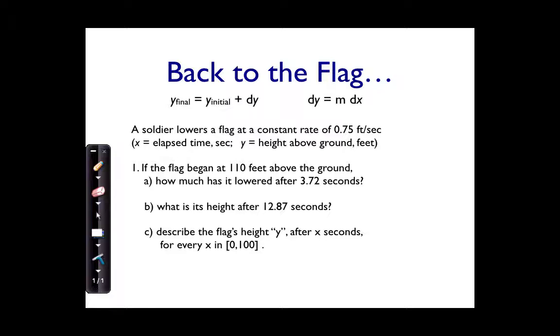It's height y after any number of seconds x, still based on this premise of starting at 110 feet: 110 minus 0.75 times x, the number of seconds that have elapsed. 110 minus 0.75 feet for every second, or for any number of seconds. It doesn't have to be whole numbers of seconds. It can be any increment of time as long as we measure it in seconds, multiply by negative 0.75 and add that to 110, or multiply by 0.75 and subtract it from 110, the starting height.